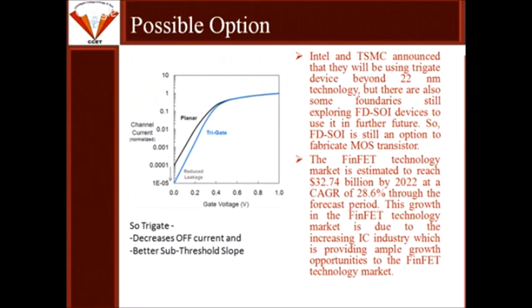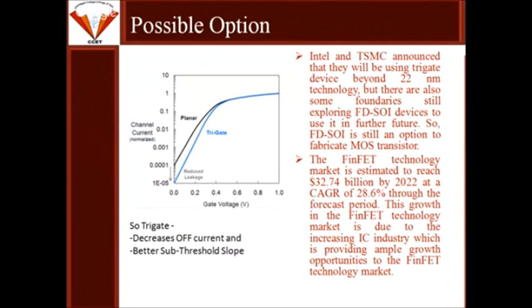The FinFET technology market is estimated to reach 32.74 billion by 2022 at a CAGR of 28.6% through the forecast period. This growth is due to the increasing IC industry, which is providing ample growth opportunity to the FinFET technology market.